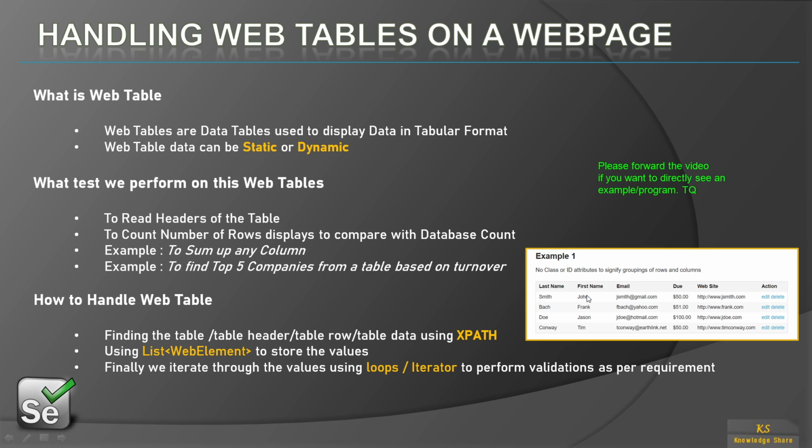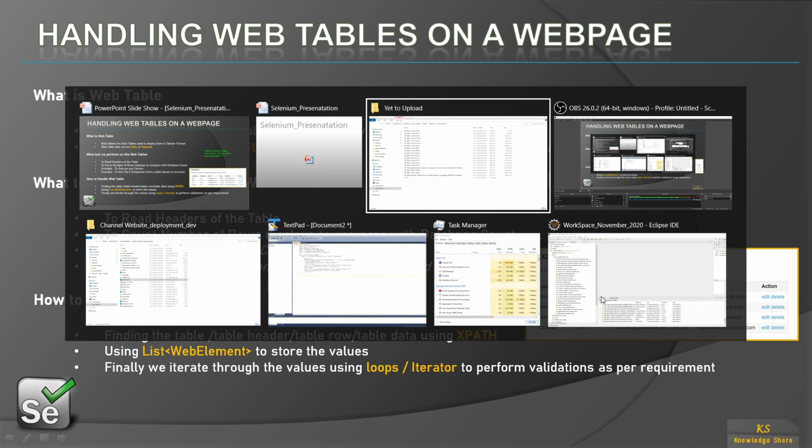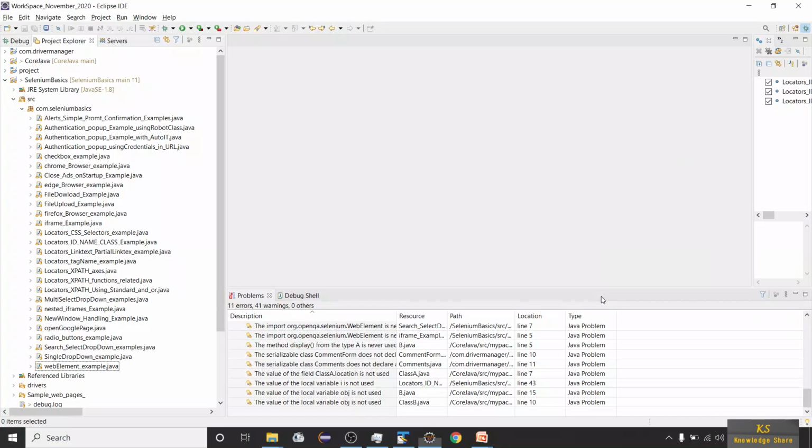So we will see how to find the number of rows, I mean how many persons are there, and how many columns are present in this table. That's the first part we are going to see. In a later session, we will see how to get the amount of this due and how to print these values into the console. Okay, so let me switch to Eclipse quickly.